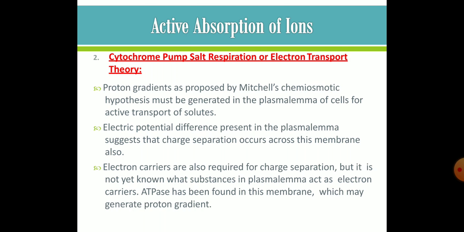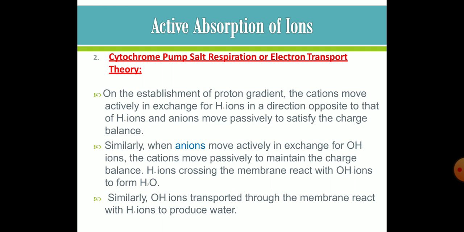Here, the electric potential difference present in the plasma membrane suggests that charges are separated across this membrane also, and an electron carrier is also required for the charge separation, but it is not yet known what substance in the plasma membrane acts as an electron carrier. But ATP has been found in this mechanism, which may generate the proton gradient.